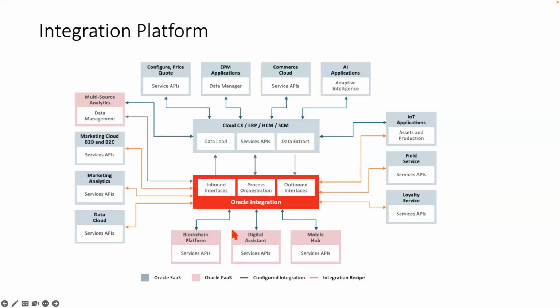Mobile services, digital assistants, blockchain, and then you have Oracle SaaS linked using APIs. You've got IoT. If you're into supply chain, there are a lot of APIs being used in the orchestration service to pull data in and out and link back to supplier availability and so on. So it's really a huge area in the Oracle Integration Cloud.